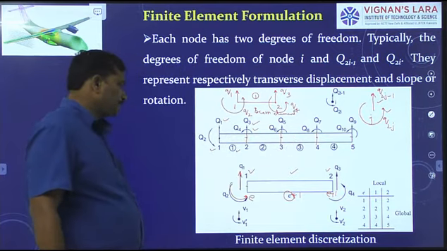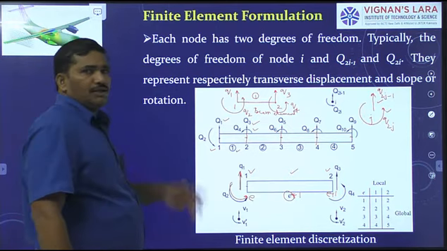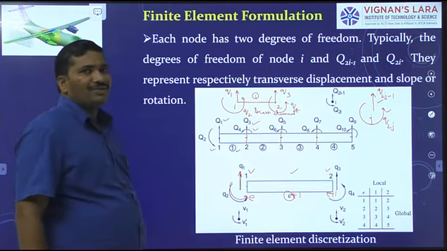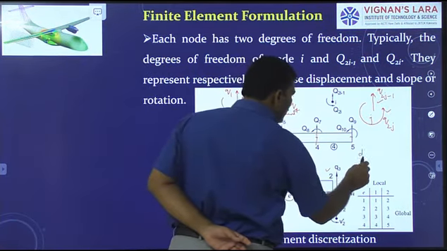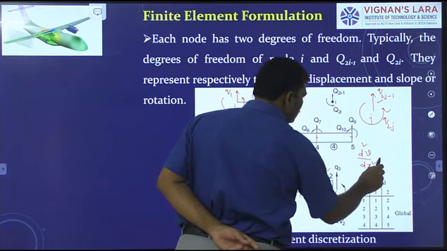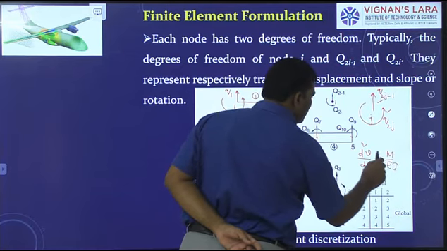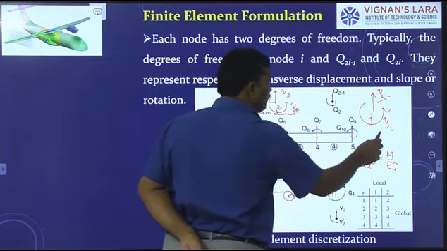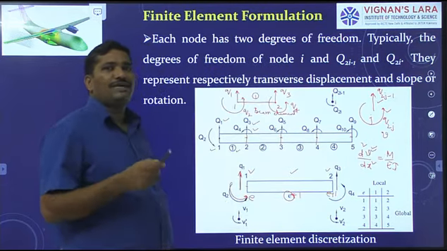Now, if you observe the differential equation for beam deflection, what is the differential equation? d square V by dx square equals M by EI. V represents the beam deflection. If V is the beam deflection, what is the slope? The first derivative dV by dx.